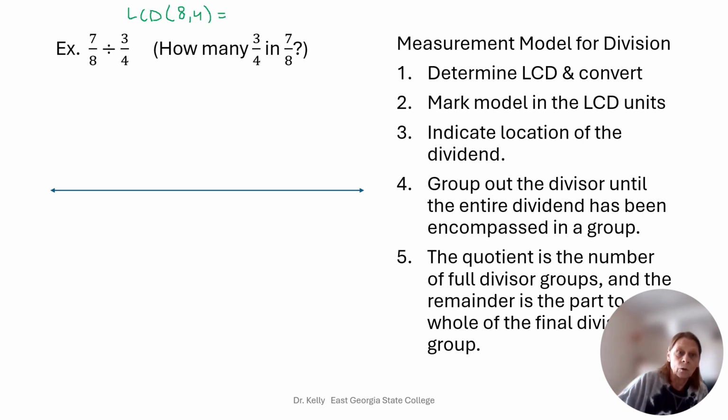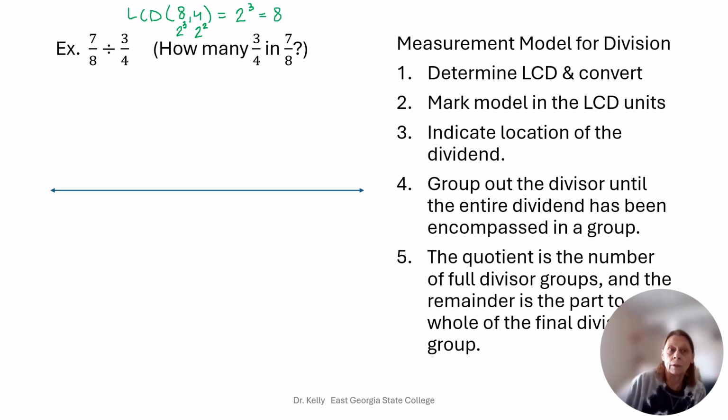You got to find the prime factorization of each of those. The prime factorization of 8 is 2 cubed, and the prime factorization of 4 is 2 squared. And the LCD is represented by the highest power of all the prime numbers that make up the numbers that you're comparing. So the LCD here is 2 cubed, which is equal to 8.